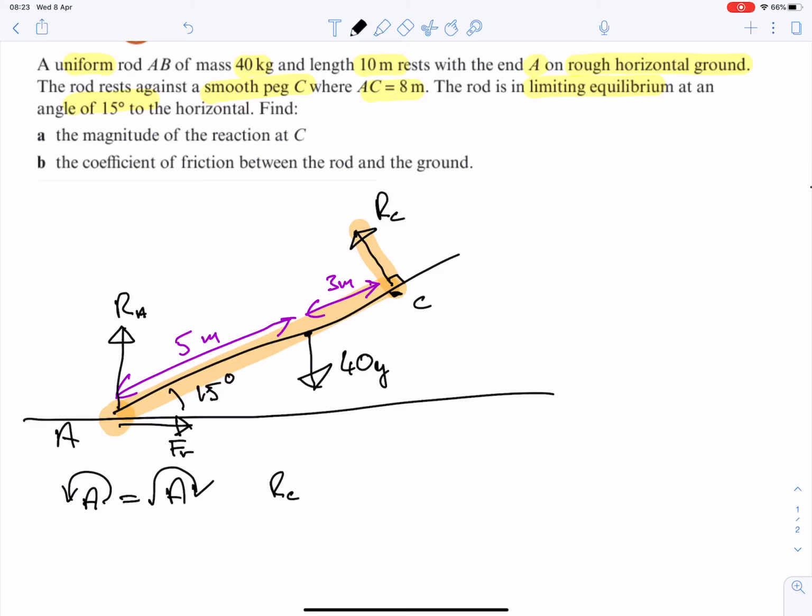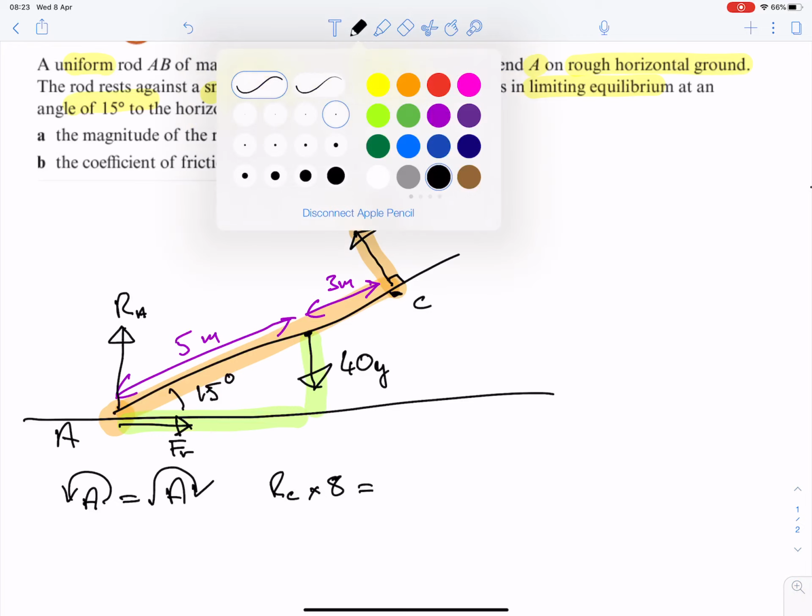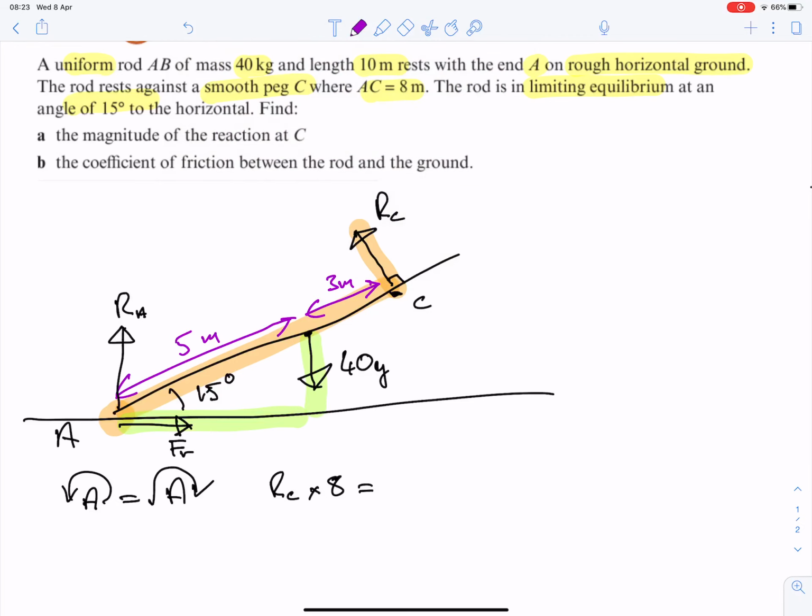So we get RC times 8, and that's going to be equal to the 40G, and its perpendicular distance to its line of action is along here, which we know is 5, and it's next to the 15, so it's cos of 15 degrees.